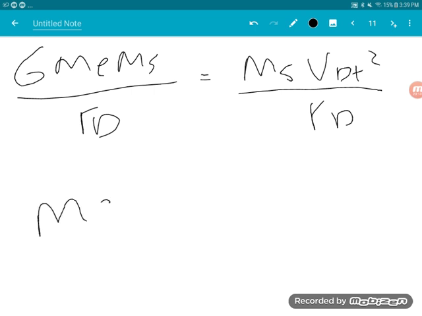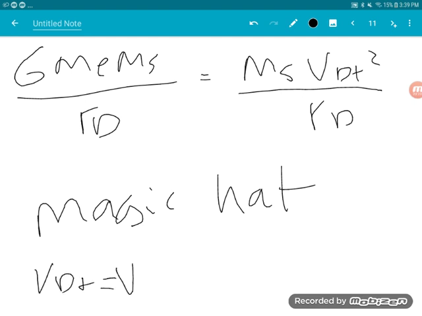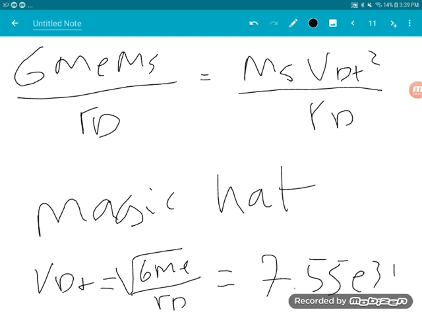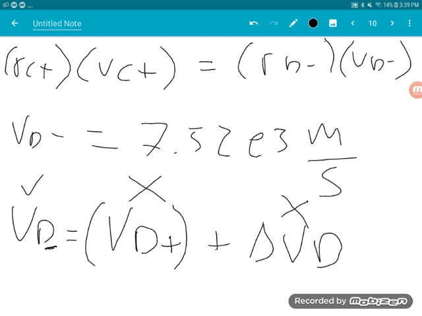But through magic hat operations, we get that VD plus is equal to the square root of GME over RD, which yields 7.55 E3 meters per second. From there, take this answer, plug it into here, and then we can solve for VD plus. And then we're done.